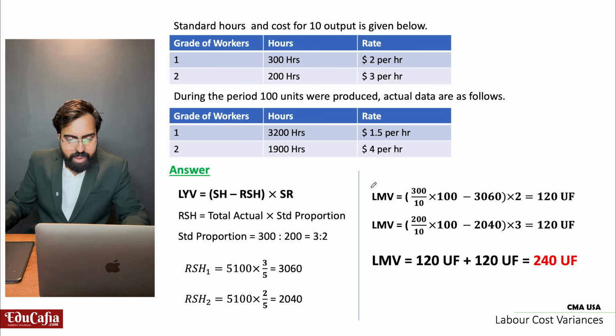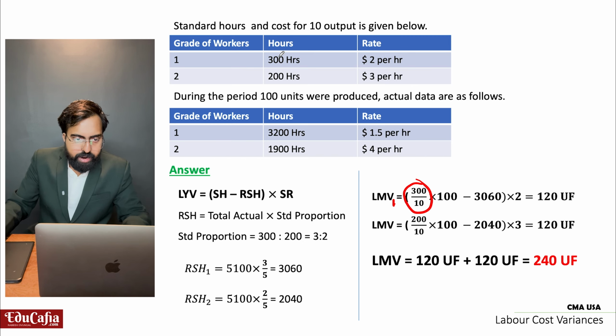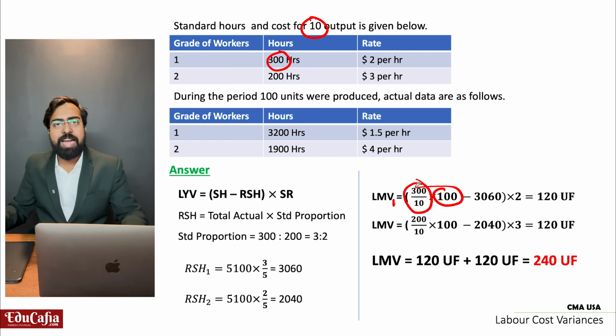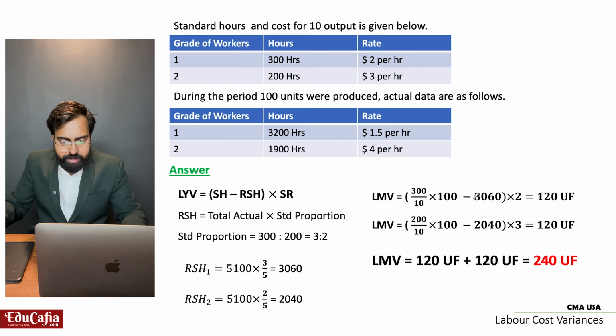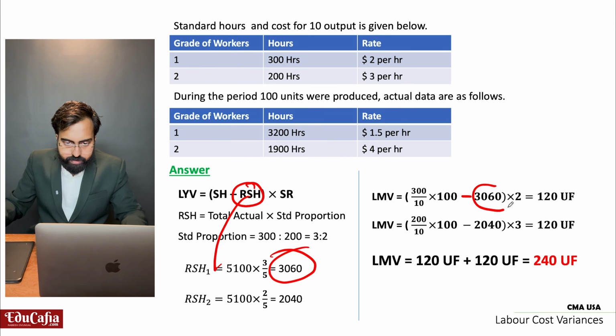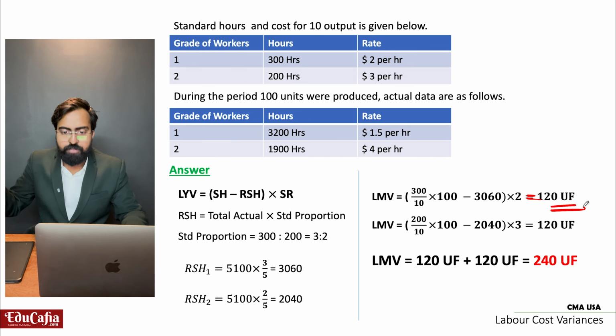So LYV of the first one: 300 divided by 10, then multiplied with the total actual output 100, minus the RSH of 1, 3060, into standard rate. What is the standard rate? $2. Into $2, that is equal to 120 unfavorable.